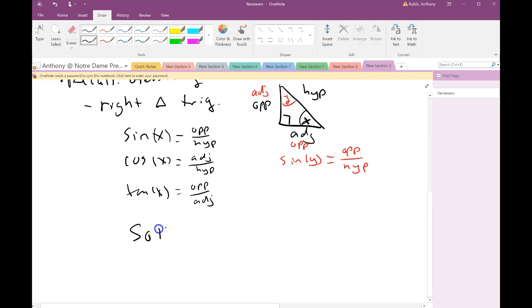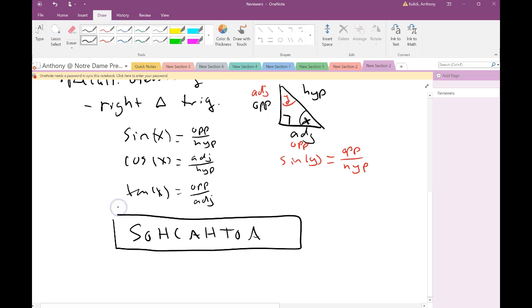So we kind of compacted all that information into the acronym SOHCAHTOA, which we use as a mnemonic device on how to remember that sine is opposite over hypotenuse, cosine is adjacent over hypotenuse, tangent is opposite over adjacent, right?